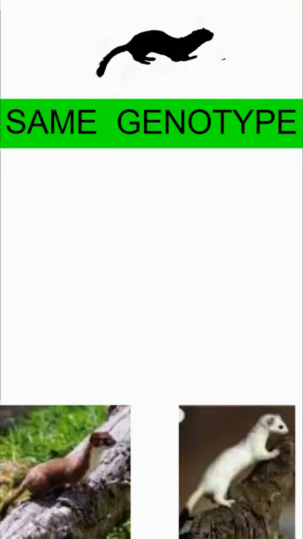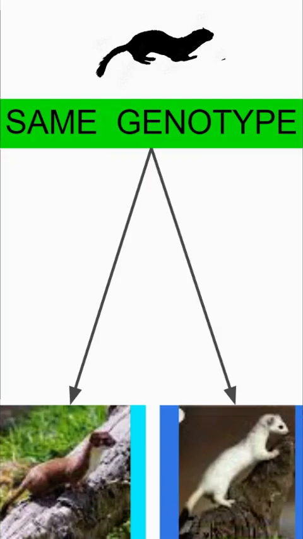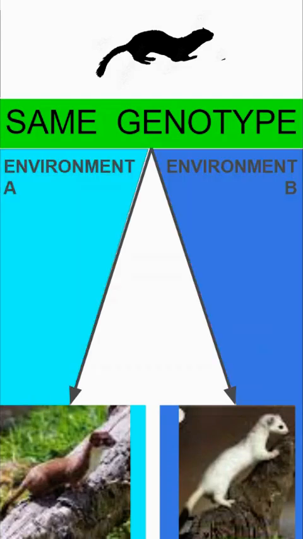This is really common with Arctic animals. In this example, it could be ptarmigan, it could be hare, it could be fox, but we're looking at this stoat, which is like a weasel. You could have the same genotype and phenotype, and in different times of the year, they could end up with different coat color variations.